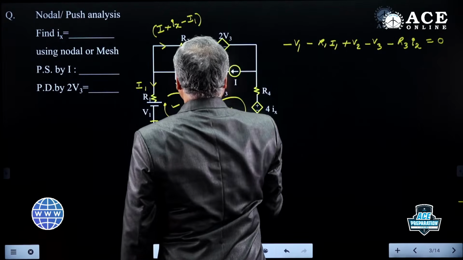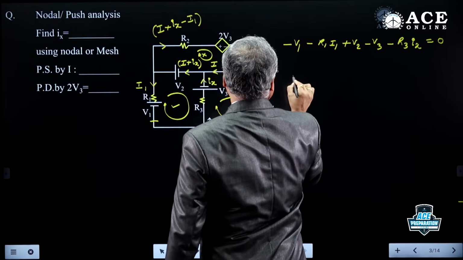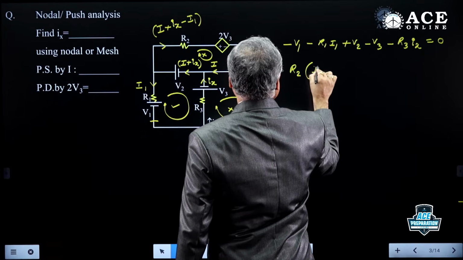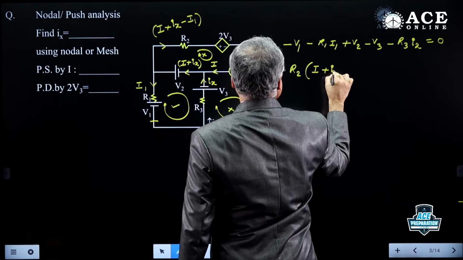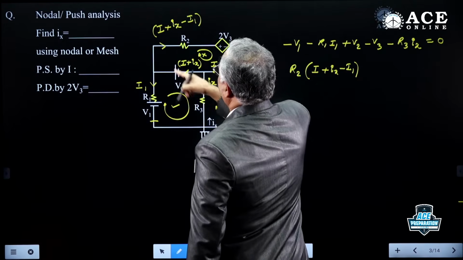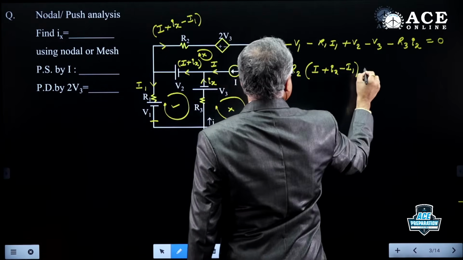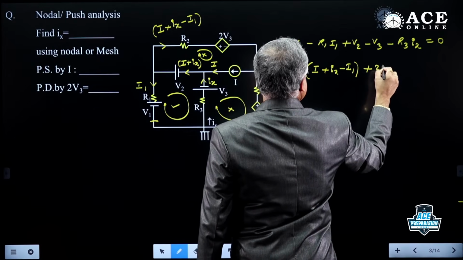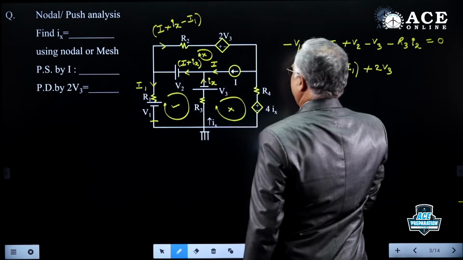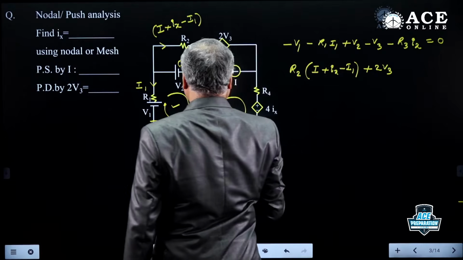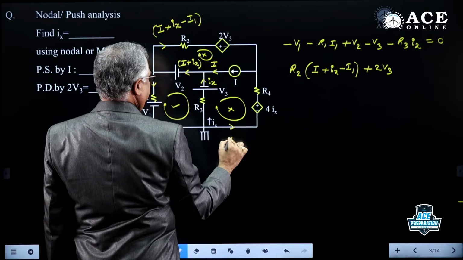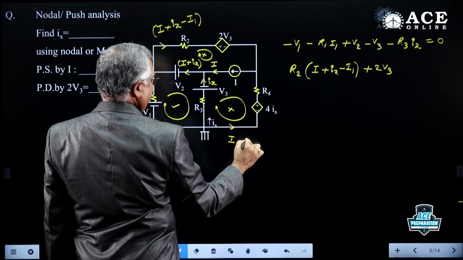I take the outer loop. If I start here: R2 into I plus Ix minus I1. My direction and current direction are the same, so plus. Plus 2V3. Then here the current is I1 minus Ix.